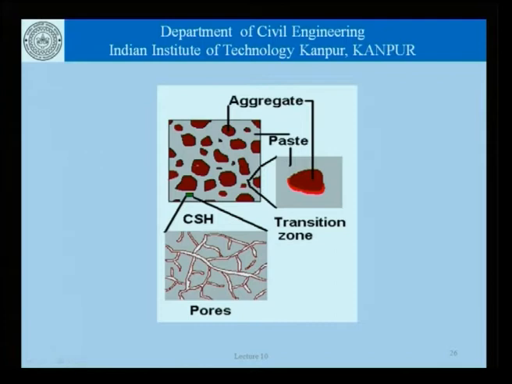We have aggregates here, we have cement paste here, and the cement paste is shown here, which shows CSH and all kinds of hydration products sitting here, and there are pores within the HCP which may or may not be filled with water, and of course, there is some water which could be sitting with the hydration products such as here, which has been called chemically bound water.